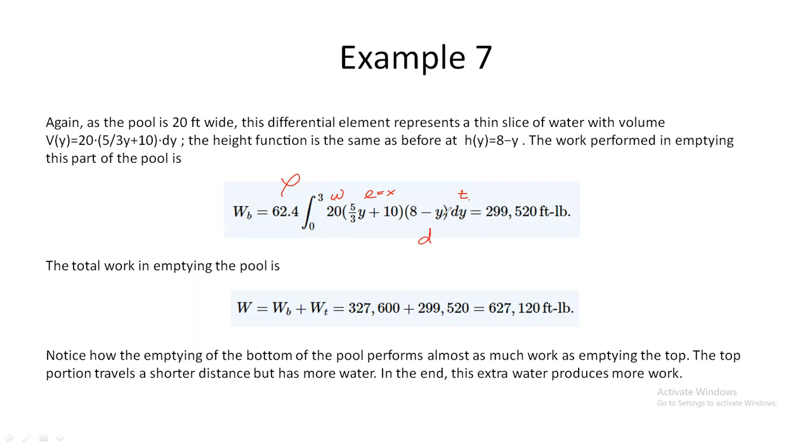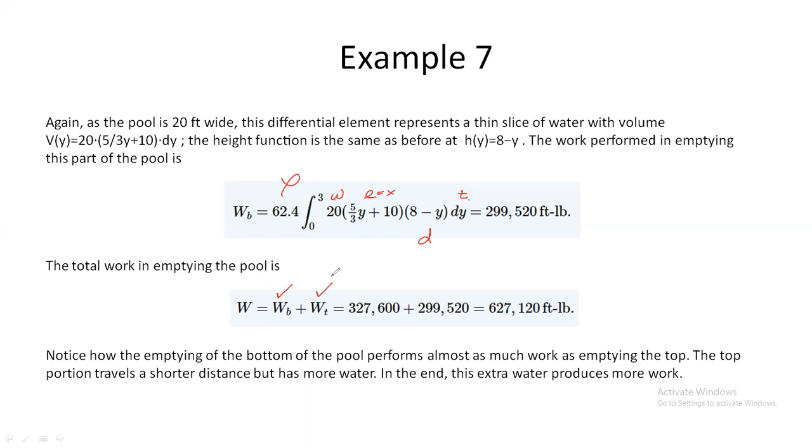So notice that since our y represents the height of the water inside our irregularly shaped swimming pool, then we have the limit here, 0 to 3, because we're considering only the water at the bottom part of the pool. So 0 to 3. If you're going to process this one, your answer for the work done is 299,520 foot-pound force.